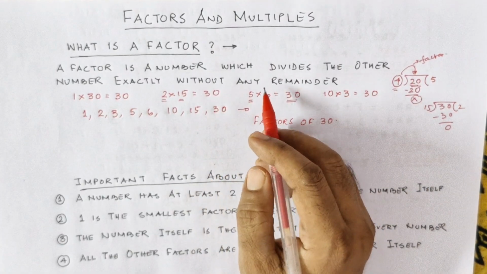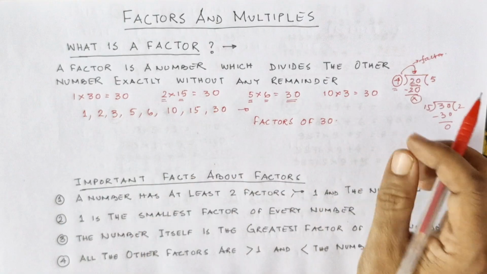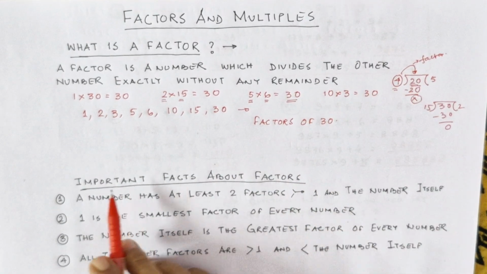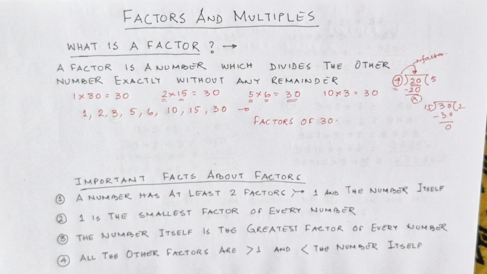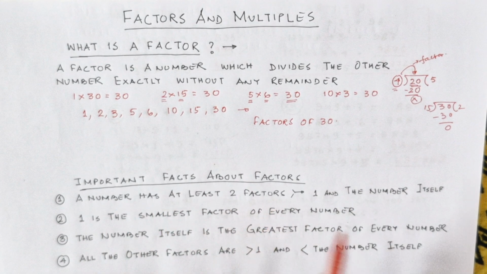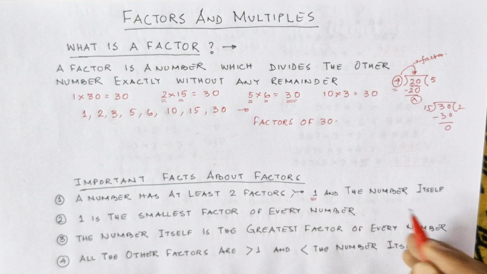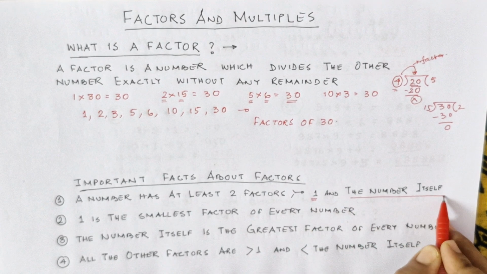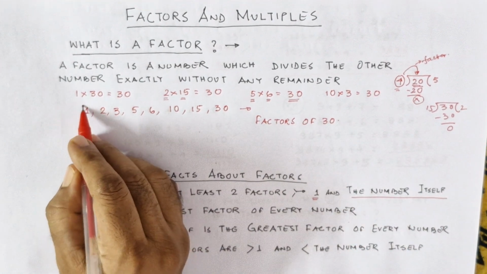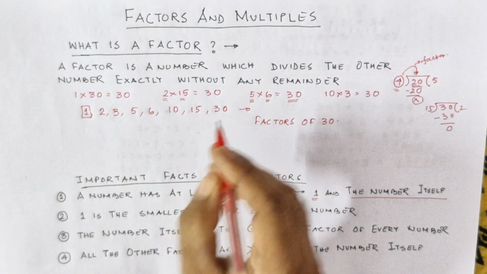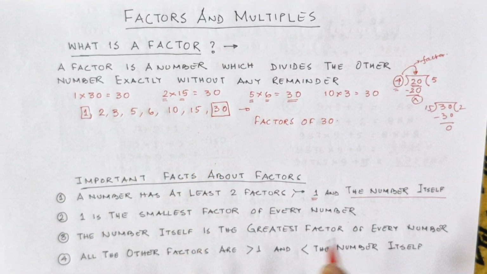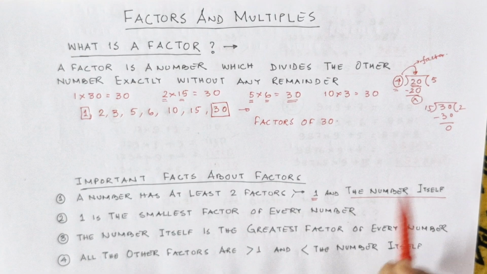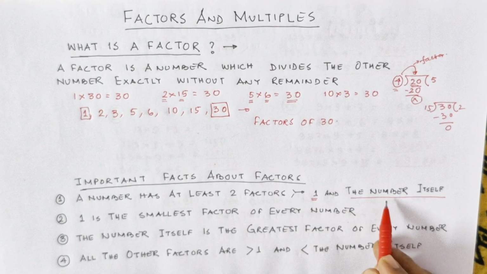Got it? So from this small discussion, we can write certain important facts about the factors. It is evident that a number has at least two factors, that is 1 and the number itself. In the case of a prime number, the factors will be 1 and the number itself.